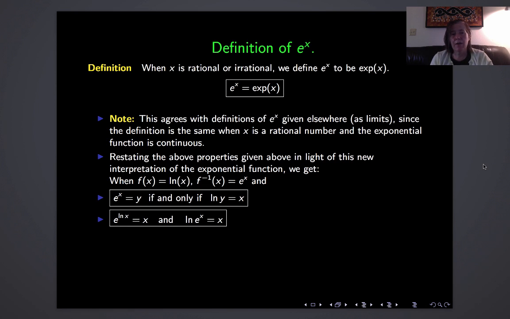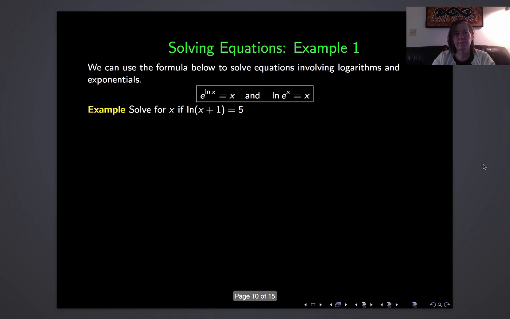And we also have from our cancellation laws or our composition laws for f and f inverse, e to the power of the natural log of x is x, and the natural log of e to the x is also x. So this last formula is very useful in solving equations because we can use the exponential to cancel out the logarithm, so to speak, and the logarithm to cancel out the exponential.